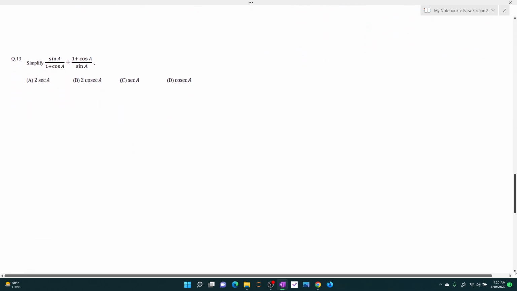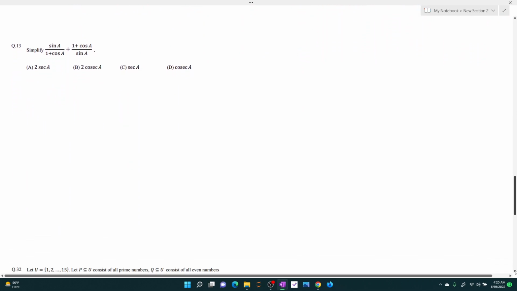Question number 13 belongs to trigonometry, right? So in this question, they simply ask what is the simplified form of this value, right? So I have to simplify sine A divided by 1 plus cos A, plus 1 plus cos A upon sine A, right?